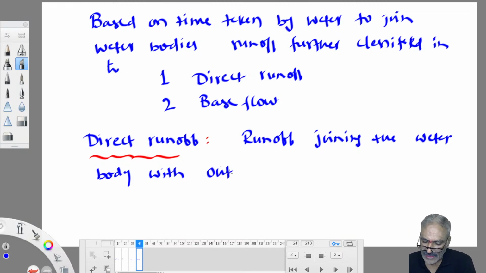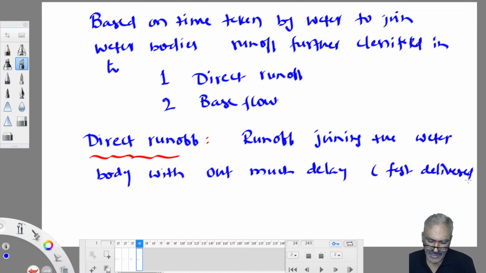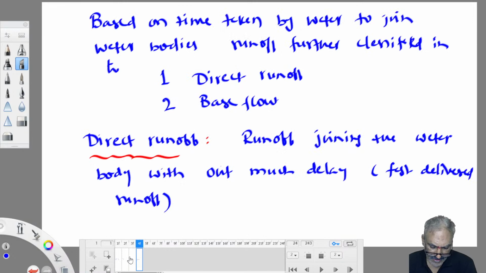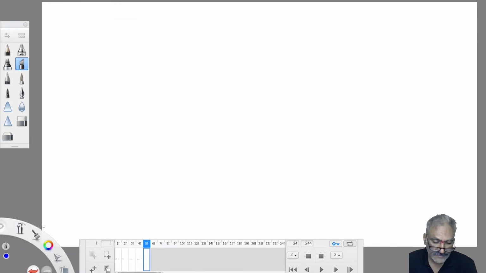Runoff joins the water body without much time delay. That is fast delivered runoff, called direct runoff. Fast delivered runoff from a catchment is called direct runoff. So direct runoff includes surface runoff and prompt interflow. Interflow is further classified into two categories, prompt interflow and delayed interflow.